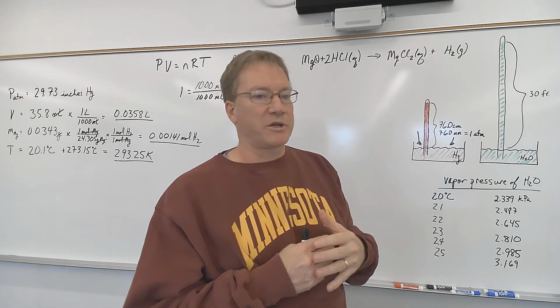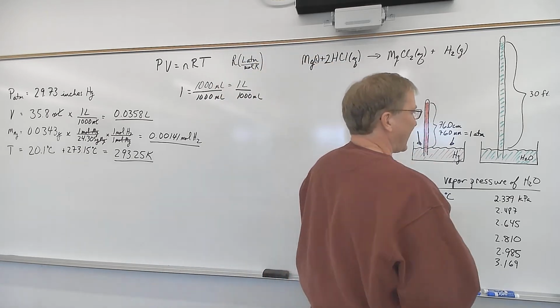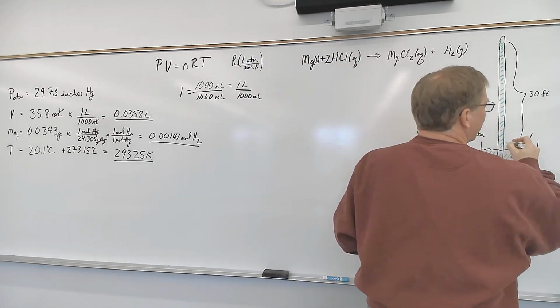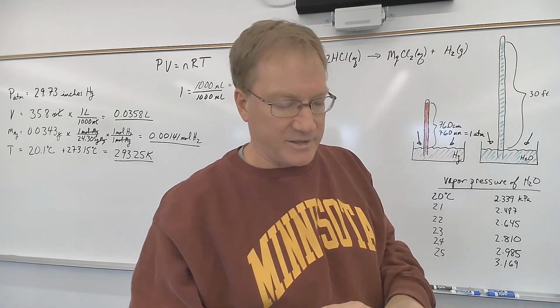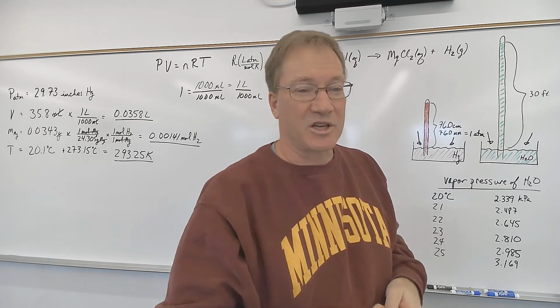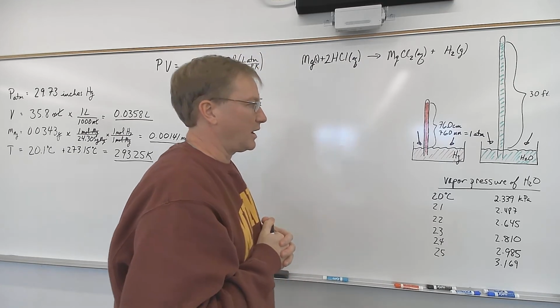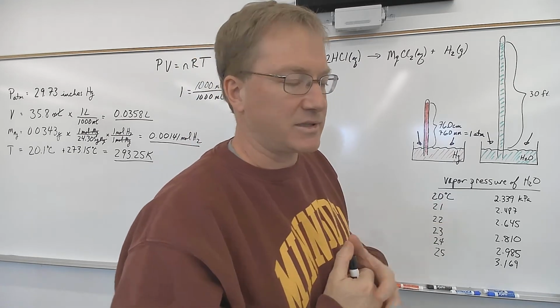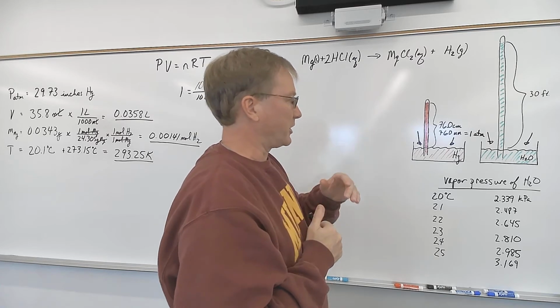The water is so much less dense than the mercury that when you're pushing down with atmospheric pressure on this water, it will go much, much higher. And so it doesn't make sense for us to use water because it is way less dense, and the column would be way too tall. So we use mercury, all right?